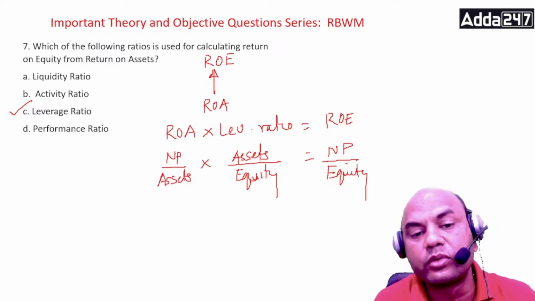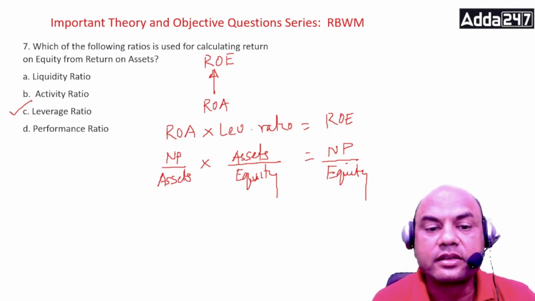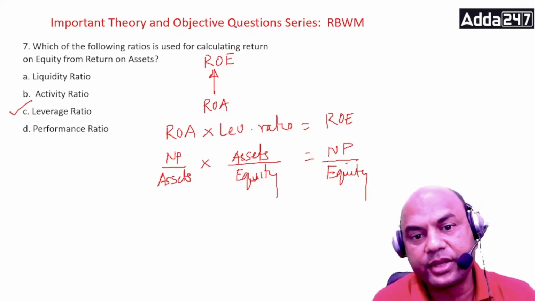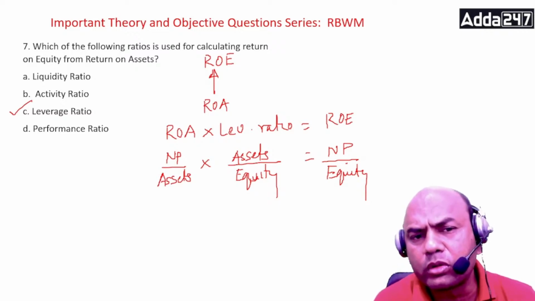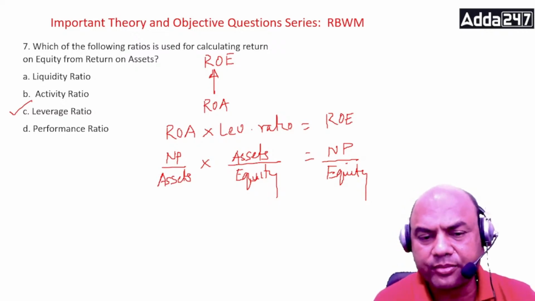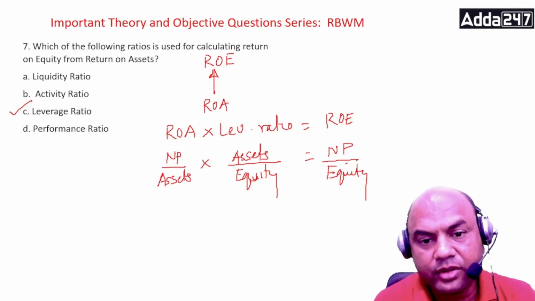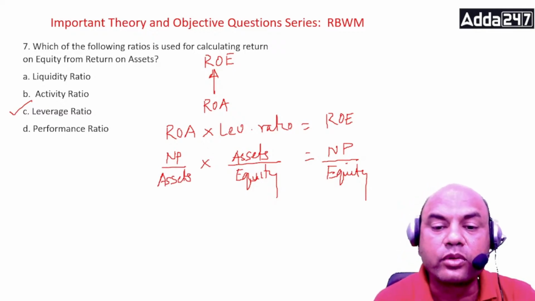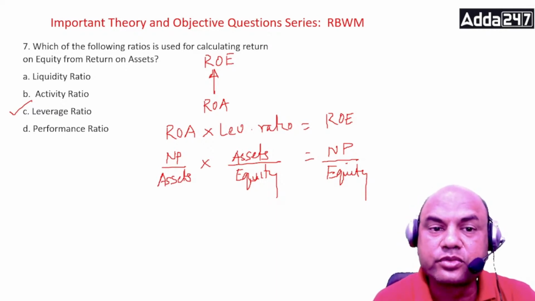A bank can only earn more net interest income by increasing the number of loans it makes compared with the amount of the bank capital. So the more loans it makes, the more revenue it will get, which it does by using leverage. What is leverage?